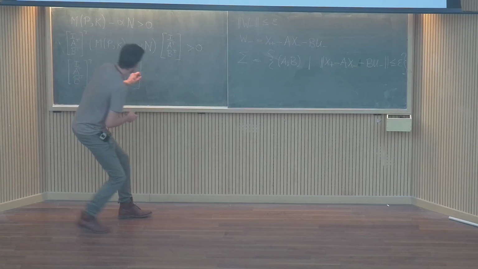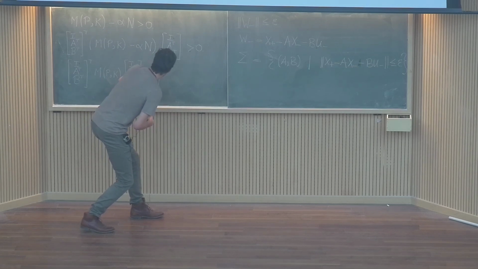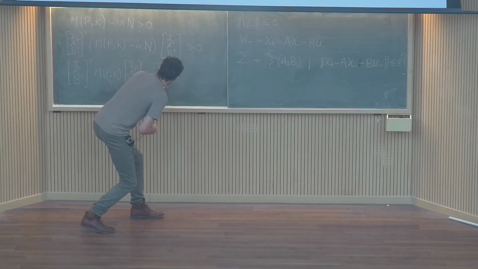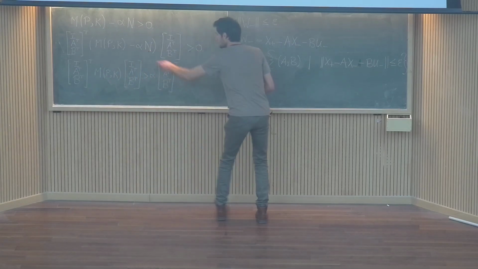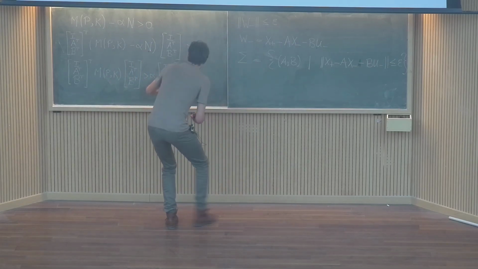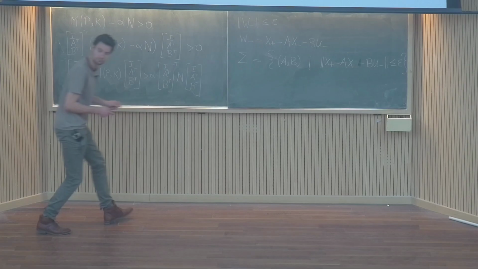Okay, so this becomes larger than alpha times identity A transpose B transpose times the matrix N over here times identity A transpose B transpose. Right?